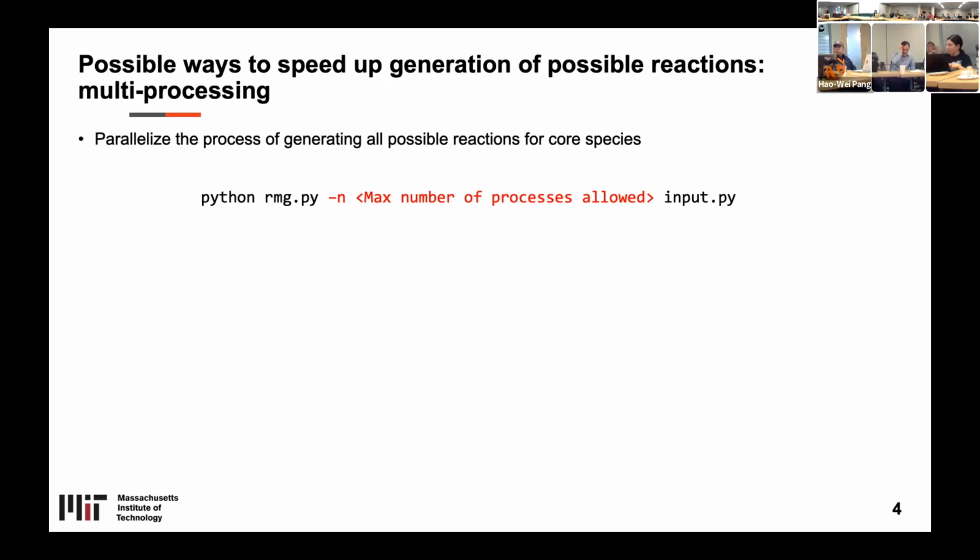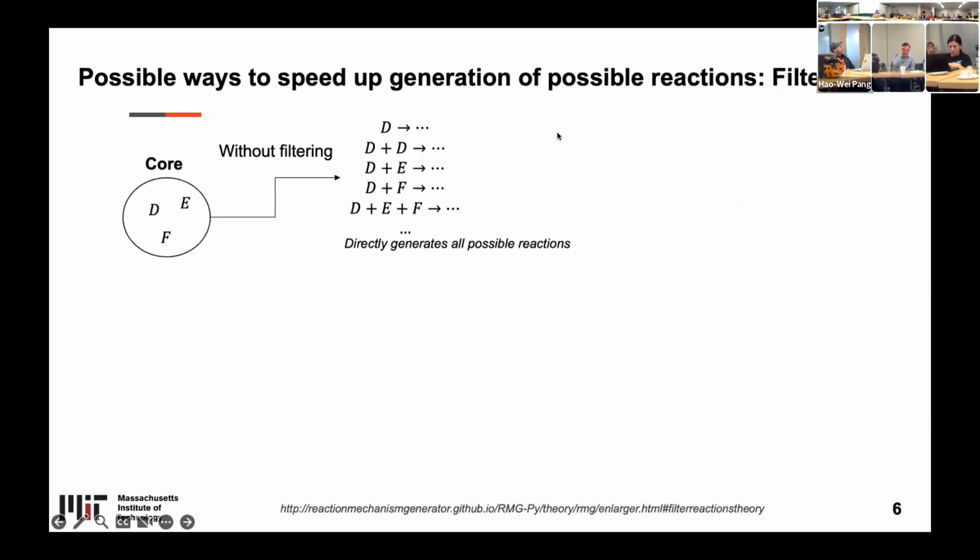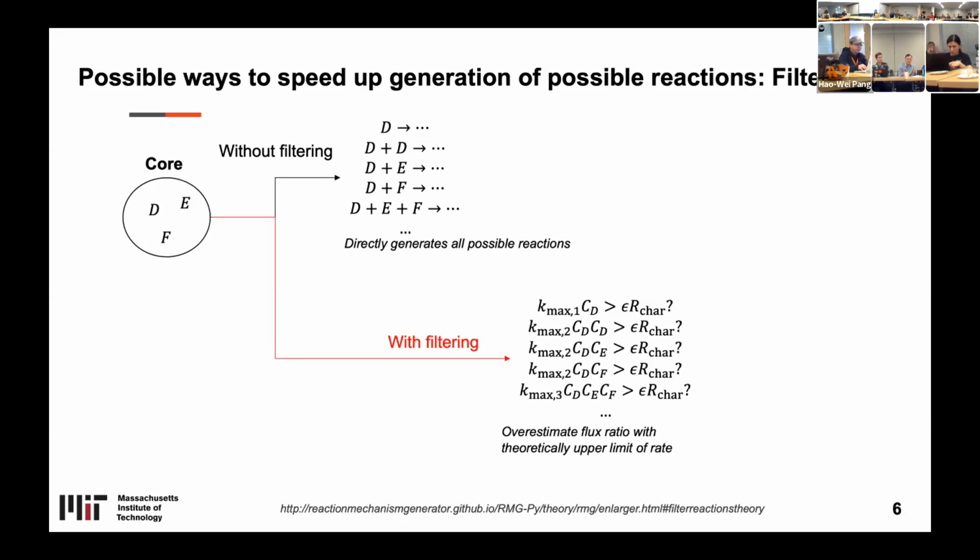Now to the filtering. Without filtering, you just react everything with everything when you put it into the core, and then you forget about it. You reacted A with B, you found all of the A and B reactions. But with filtering, you only consider the reactions of A with B if B is at high enough concentration.